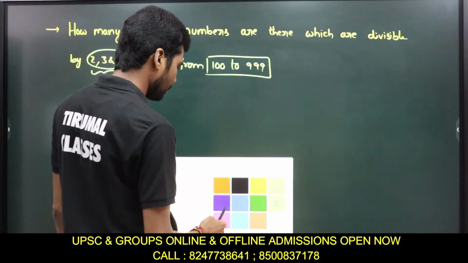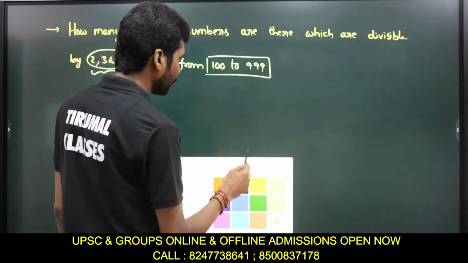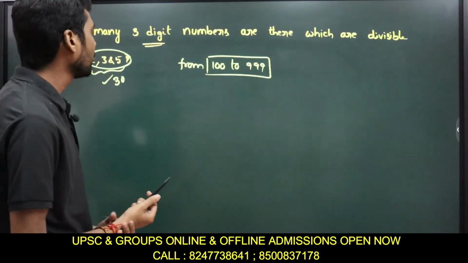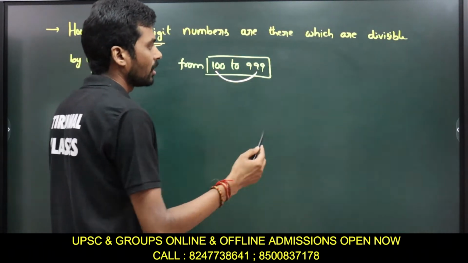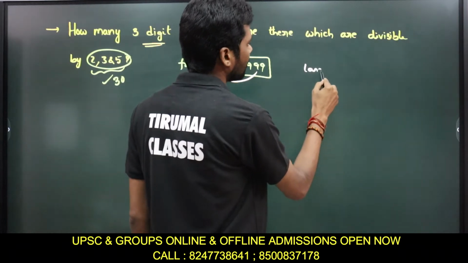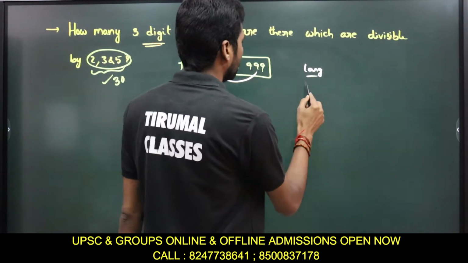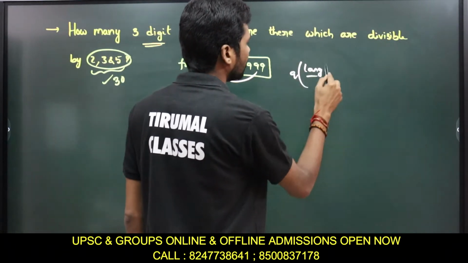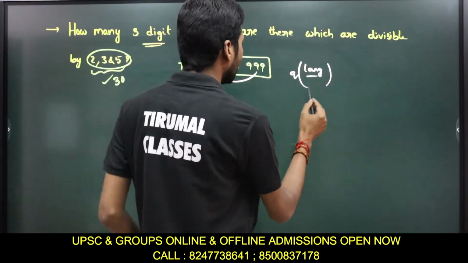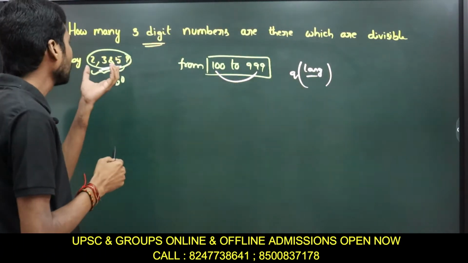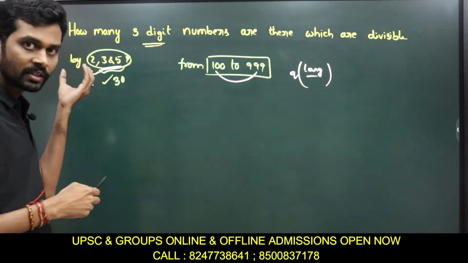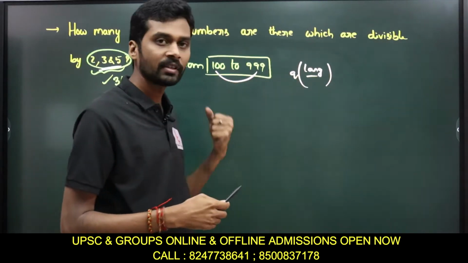Just like the previous cases, the condition is the quotient of the largest number divided by the divisor, whatever the divisor we are taking. If only a single number is there, we directly divide with that number.